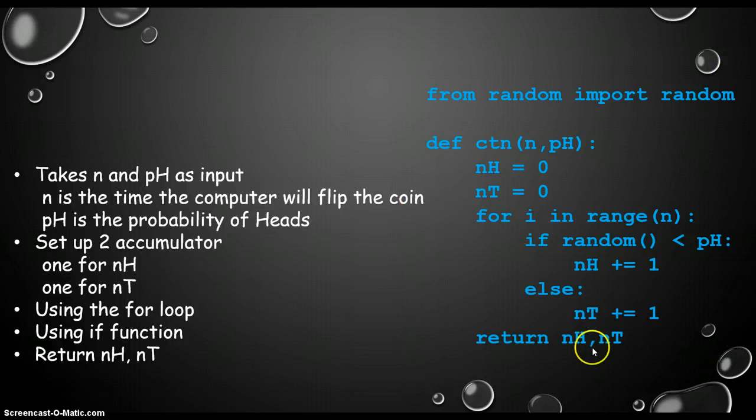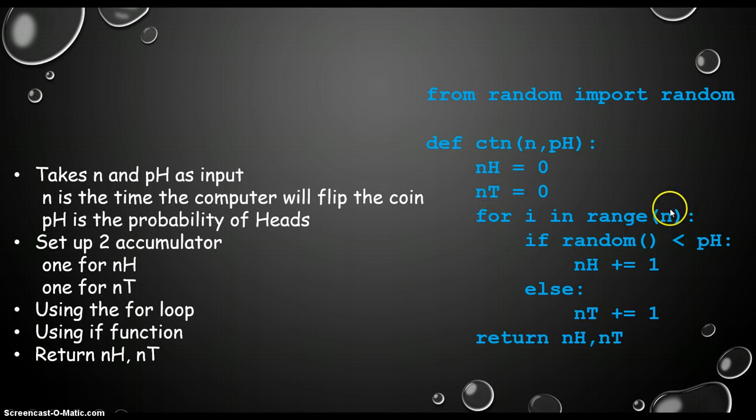Here is the code for the first function. We take the number of times we're going to flip the coin and the probability that we're going to get a head, and set up two accumulators, one for the number of heads and one for the number of tails after flipping the coin n times.